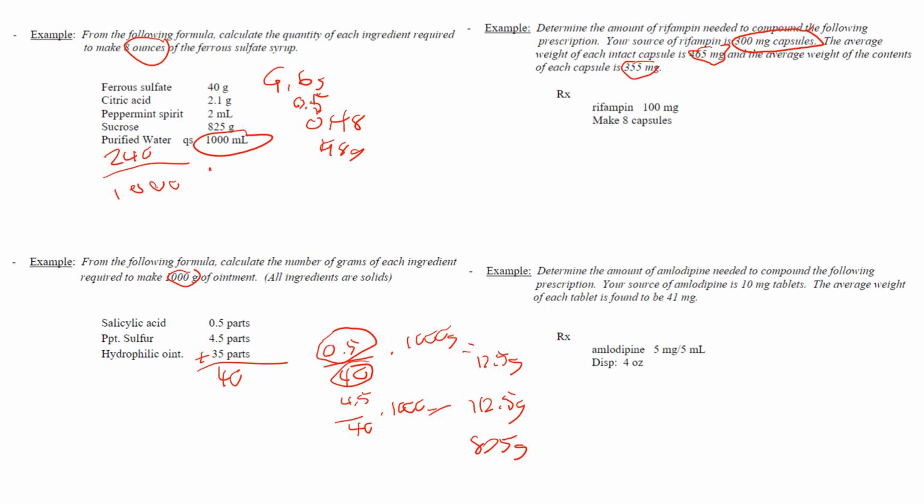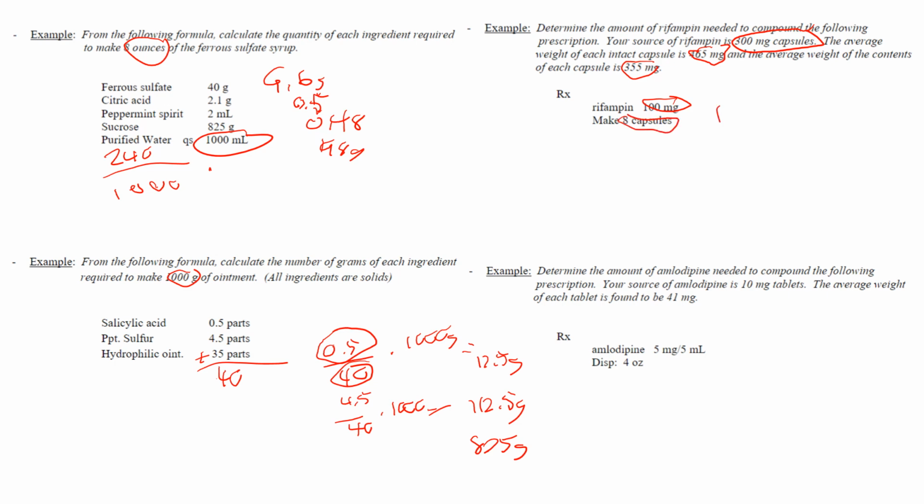So even in capsules, it's not pure drug. It's mixed with some things. And it basically wants to know how many of these we need to make 8 capsules worth of 100 milligrams. So our first step is to find out how much rifampin we need.